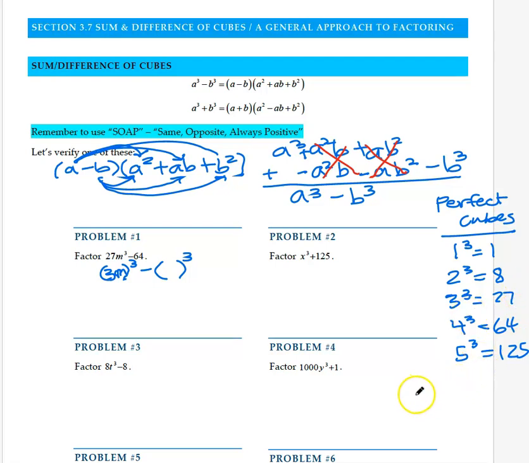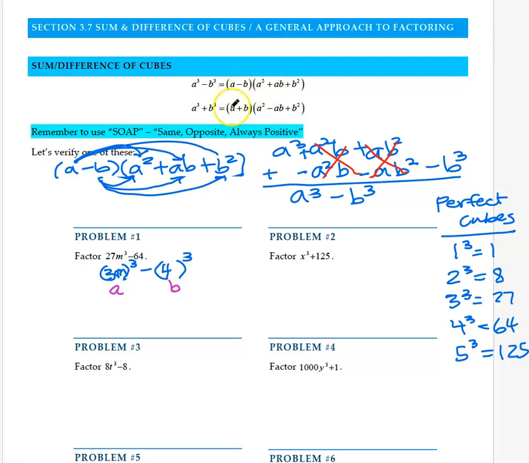Knowing at least up to there would be really helpful, just to recognize 1, 8, 27, 64, and 125 are perfect cubes. Because then I can see on here, what cubed gives me 64? Well, that's going to be 4. So now I can see that my a is 3m and my b is 4.